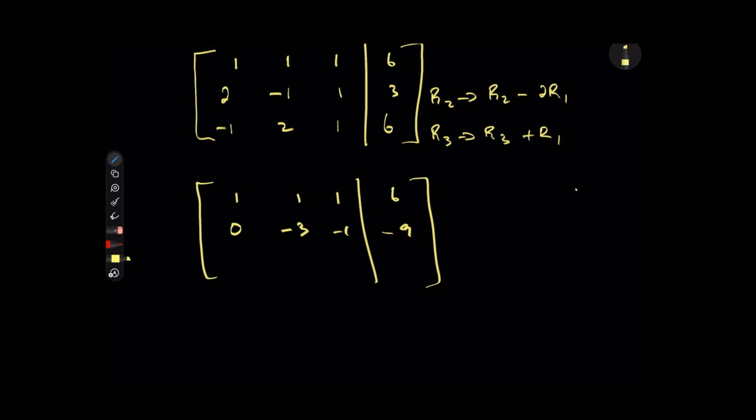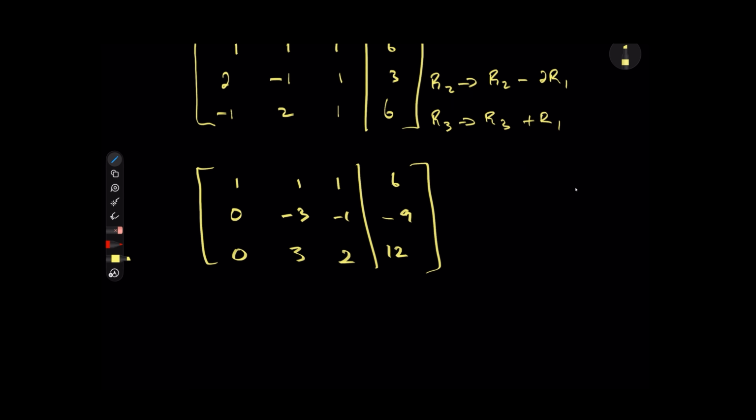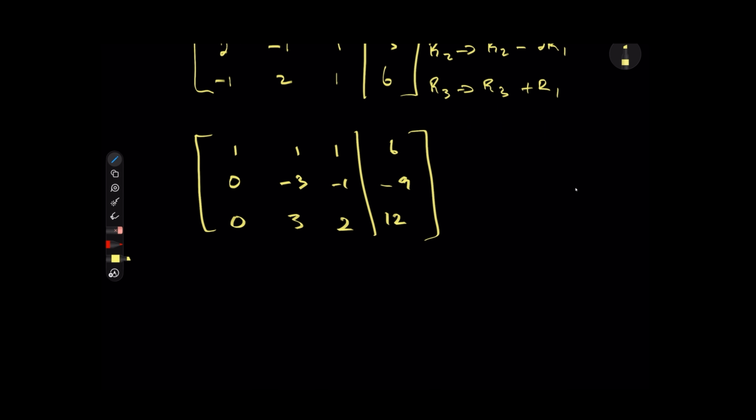Let me check back. All right, so negative 1 plus 1 gives me 0. 2 plus 1, 3. I have 1 plus 1, which is 2, and then 6 plus 6, which is 12. It's so easy to make a mistake in one of these row operations.